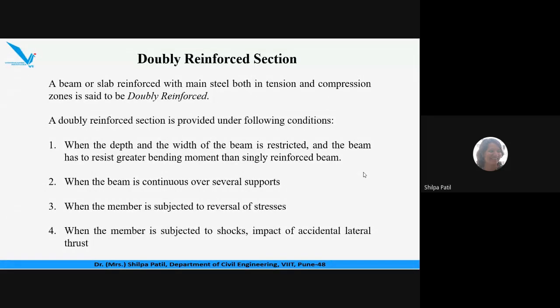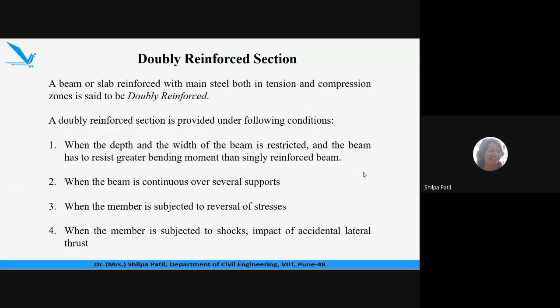Students, have you learned the analysis of continuous beams? Which method did you use to find bending moments? Do you remember?